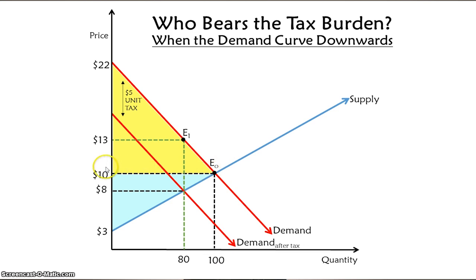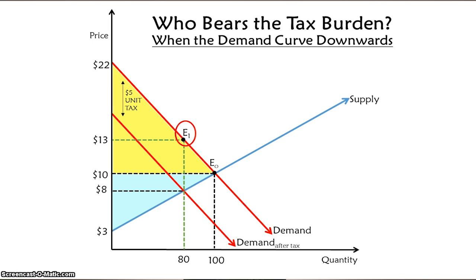The tax did not change the value that the consumers place on a shirt. They still are willing to pay only $13 for the 80th shirt. And this is the new equilibrium price, because after the imposition of the $5 per unit tax, only 80 shirts are being sold. There is no reason to think that the tax affects the underlying valuation consumers place on the shirt.